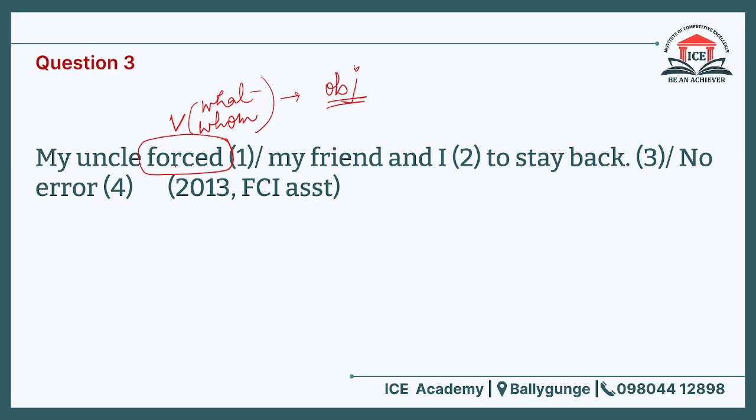Now, my uncle forced. So this is our verb. If I ask the verb, my uncle forced what? There is no answer. My uncle forced whom? Then you get an answer. That answer is my friend and I. So this total phrase, my friend and I, becomes the object of this verb.